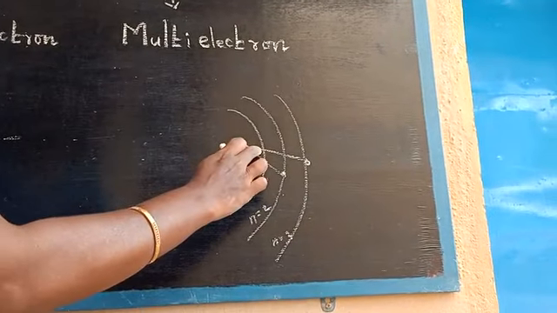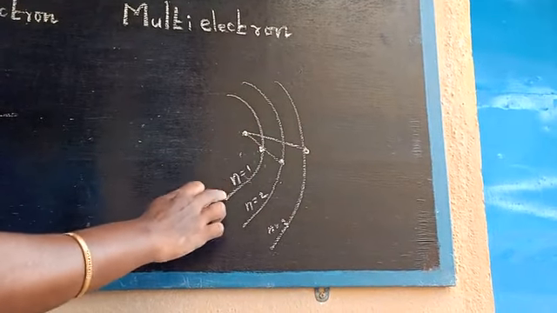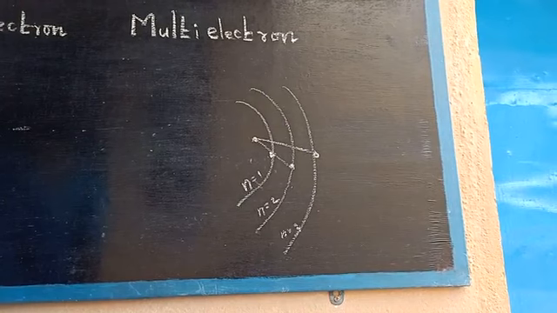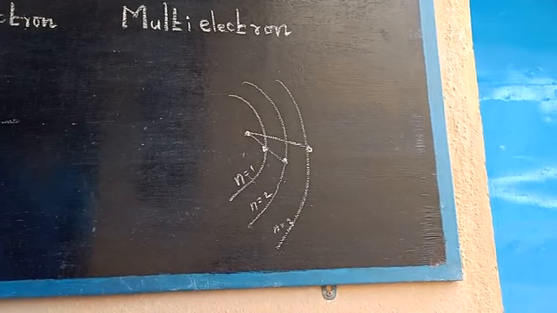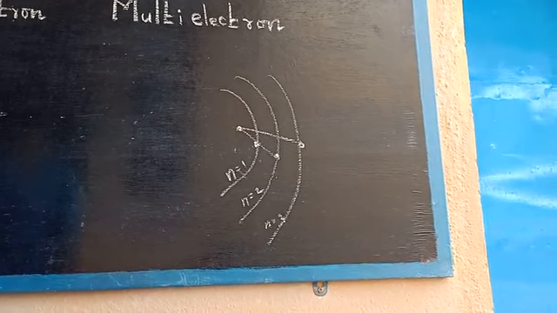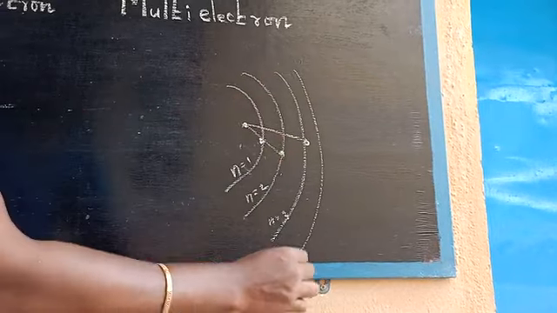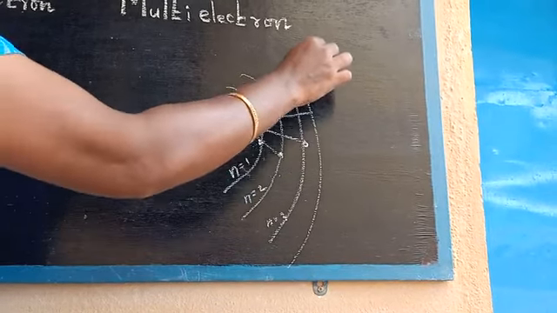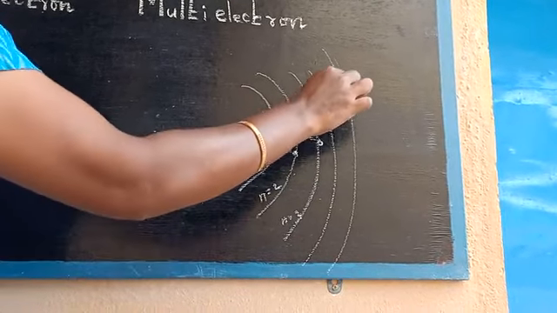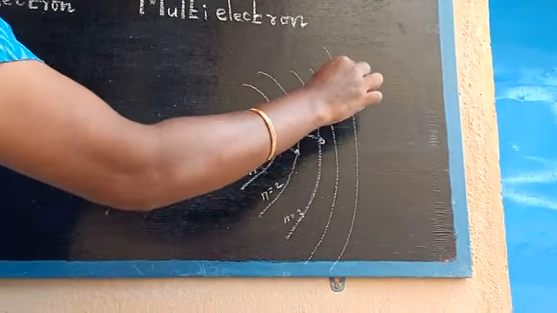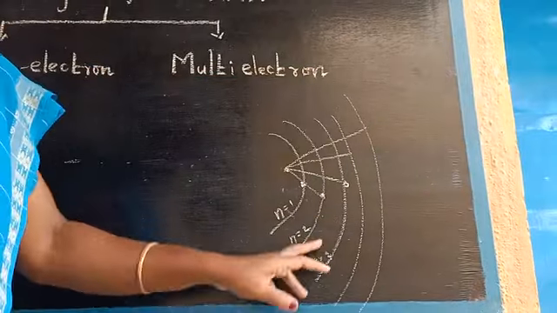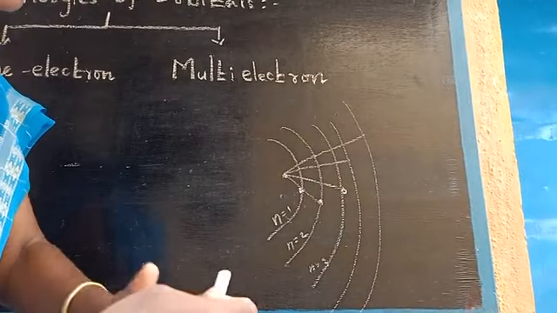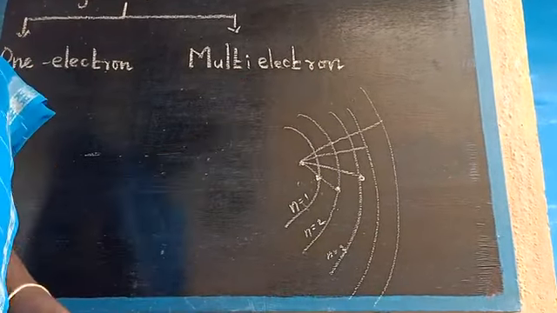So the energy of the electron varies depending upon the principal quantum number. Now n is equal to 4, energy level increases. N is equal to 5, the energy level increases. So as the principal quantum number increases, the energy increases.